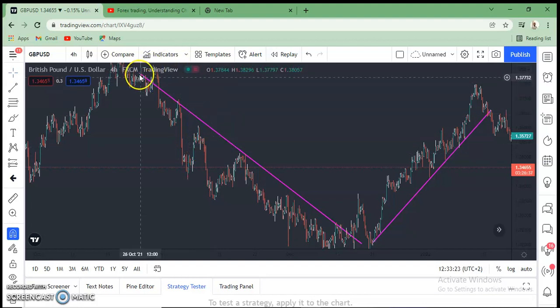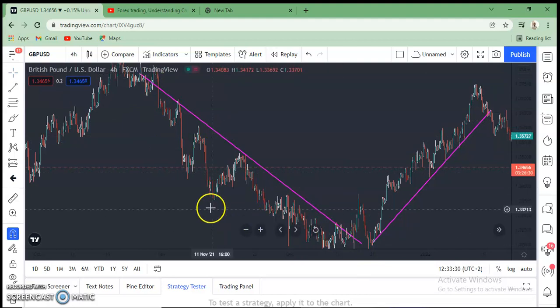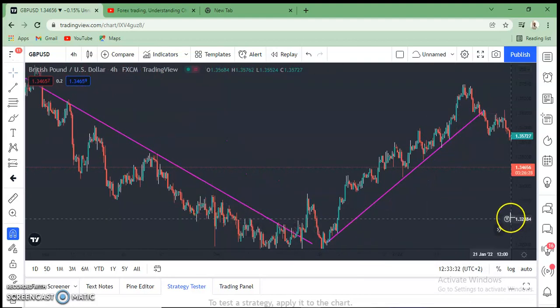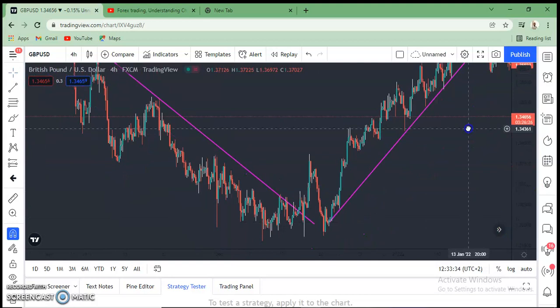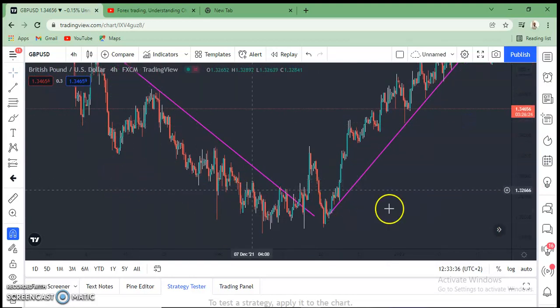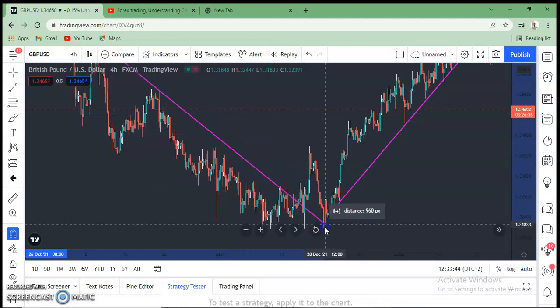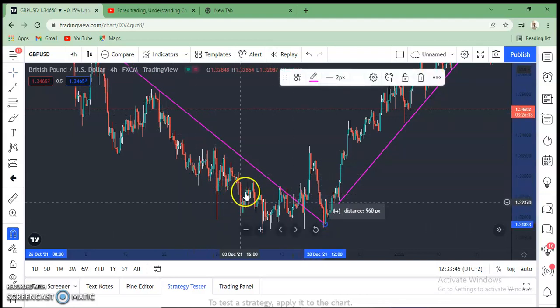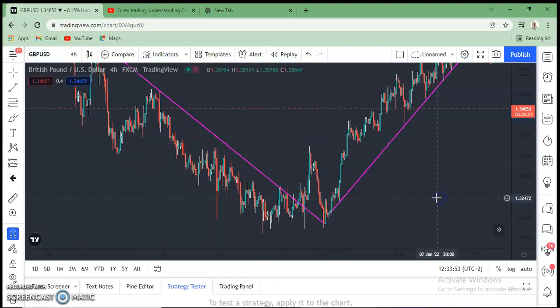If the market is bearish, in a downtrend, for us to know that it wants to go up or become bullish, it will break this trend line we have drawn here. So you can see the market broke the trend line here, went up and retested.